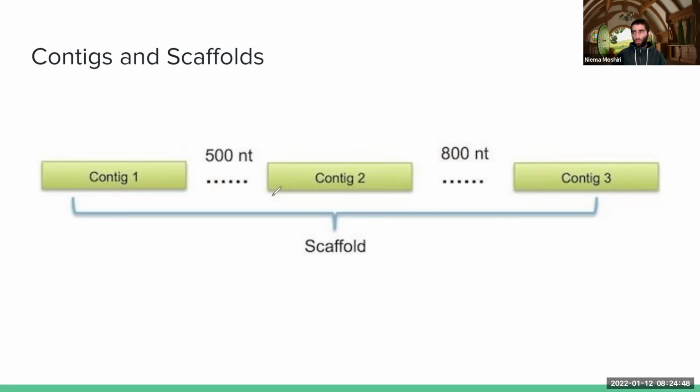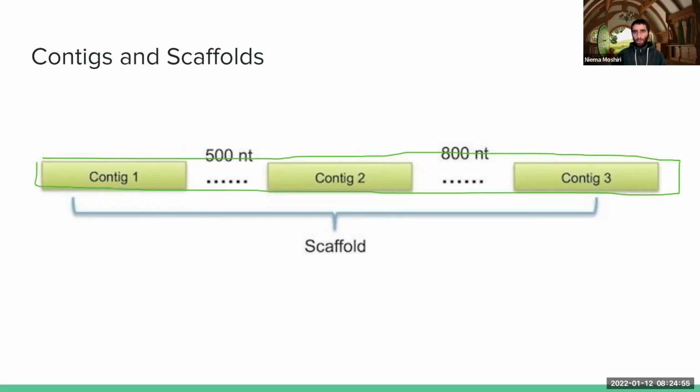So maybe the true genome was like this entire length over here, but maybe this segment over here got blown up completely. The sequencing machine wasn't able to read any of it. And then this segment over here was also blown up completely, so the sequencing machine wasn't able to read that either.